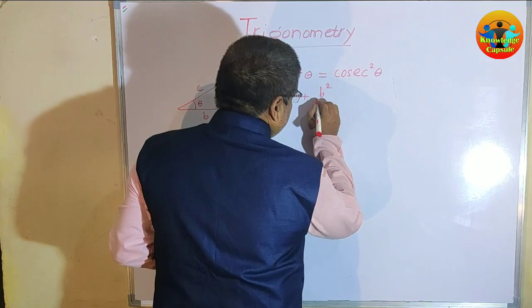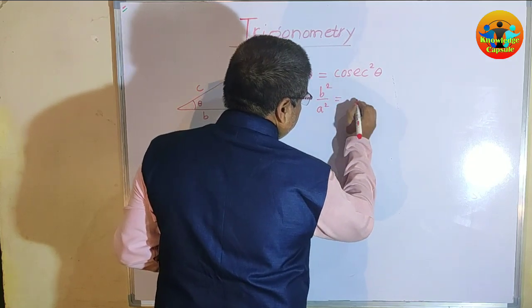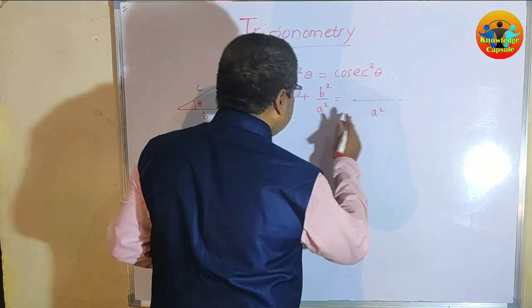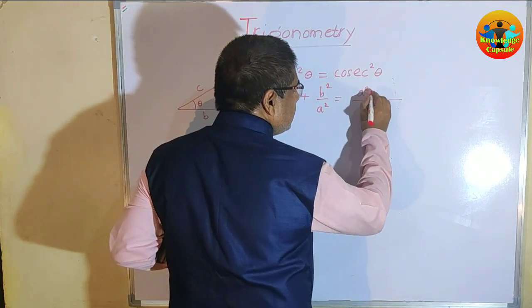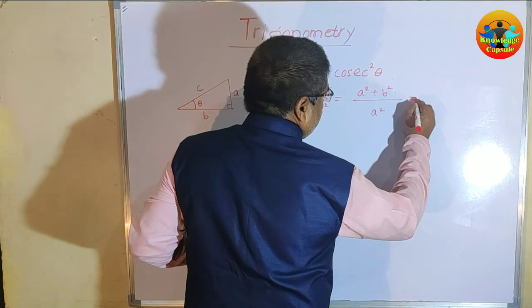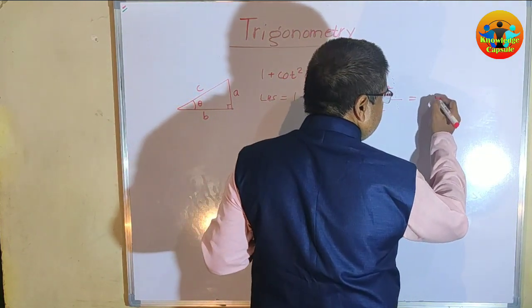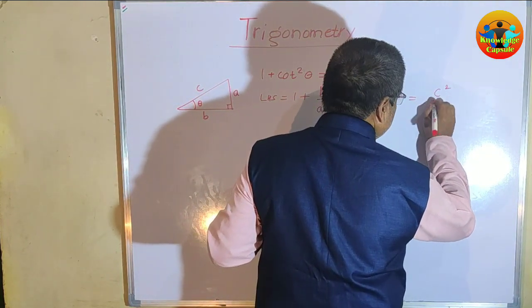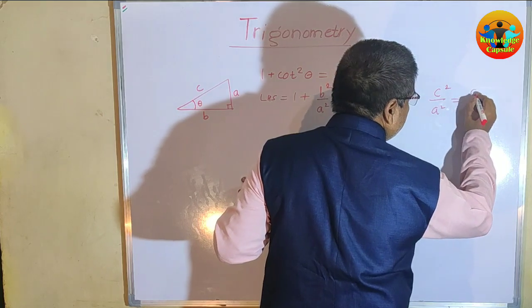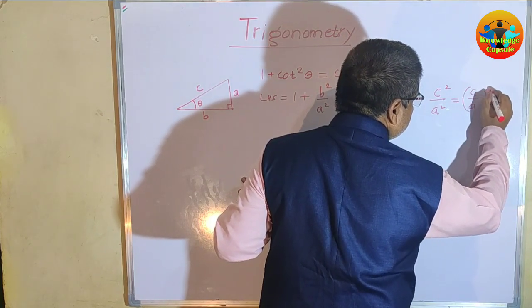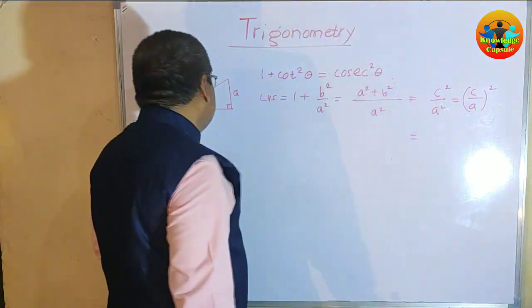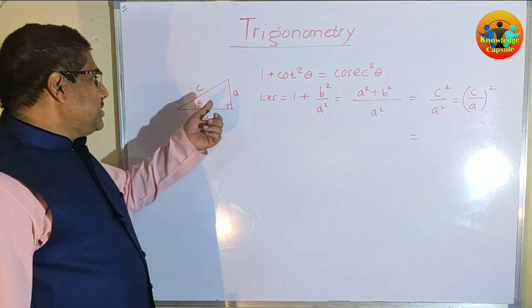It is B square by A square. If we take A square as LCM, in the numerator we will get A square plus B square. A square plus B square is C square, that is hypotenuse square. C square upon A square is equal to C by A whole square. What is A by C?